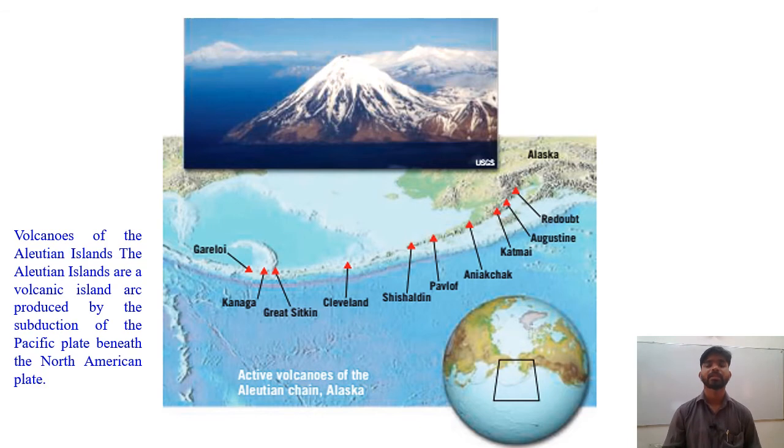These island arcs are built on material generated by an earlier episode of subduction and on small slivers of continental crust that have rafted away from the mainland. So these examples include the volcanoes of the Aleutian Islands. The Aleutian Islands are a volcanic island arc produced by subduction of the Pacific plate beneath the North American plate. So here we can see the number of active volcanoes.